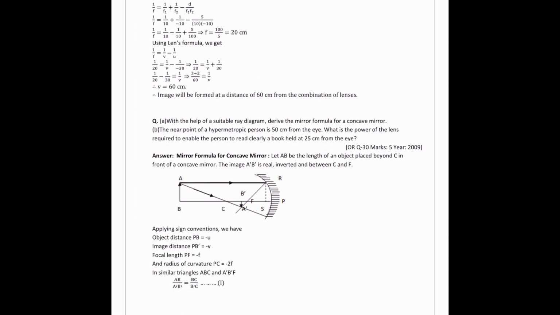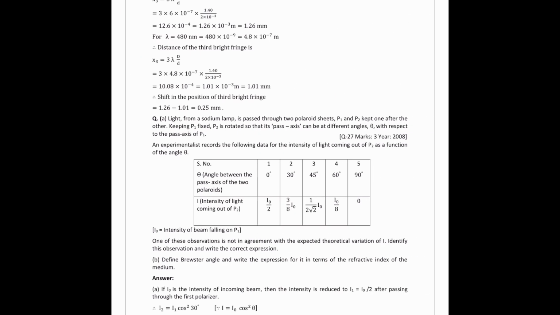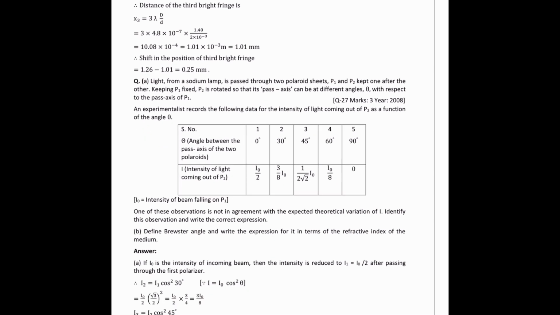This can be explained. Okay, this already we have explained. Repeat question. Okay, this already explained. This is the same question, repeat question. Define Brewster angle, repeat question.